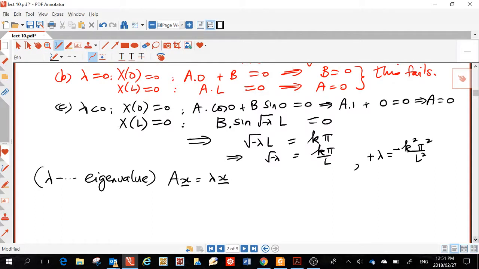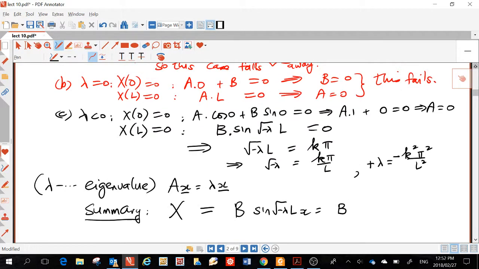All right. So to summarize this part here, we have found out that x is now given by, well, a was 0, so it's b sine root minus lambda L, right? X. And we said that's k pi, root of minus lambda.